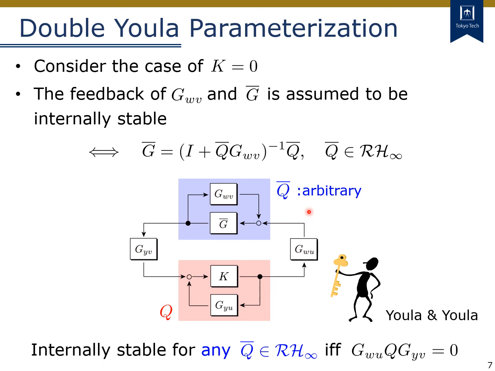Therefore, the internal stability of the entire system is guaranteed if and only if the multiplication of GWU, Q, and GYV is equal to 0. This is a sketch of the proof of the stated theorem.